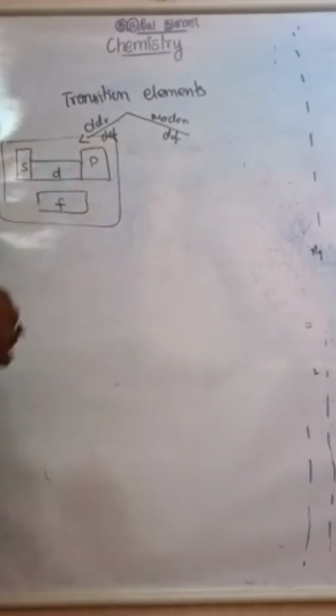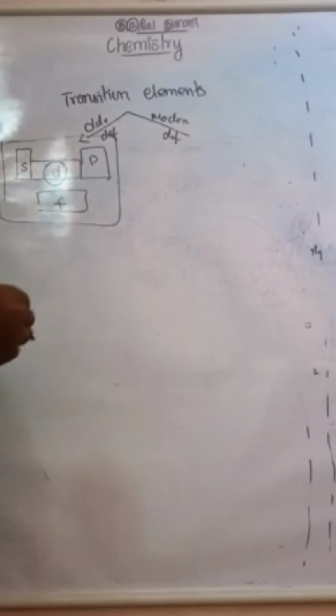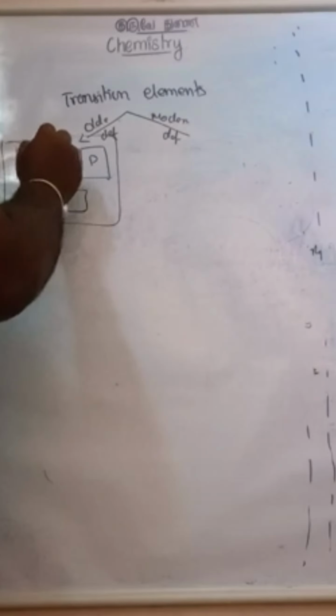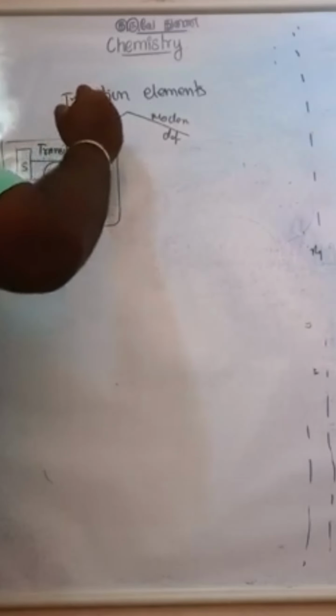The d block is present between s and p, so these elements are called transition elements. This is according to the older convention.